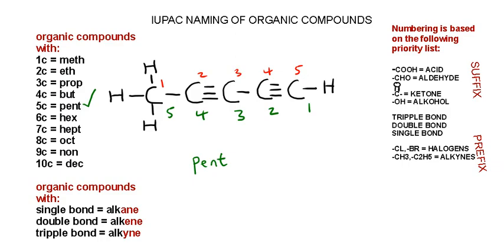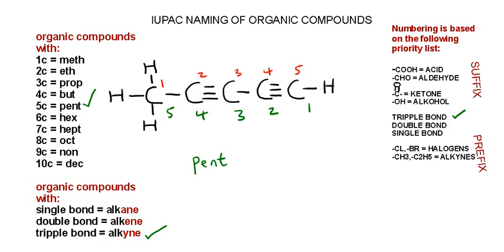The second step is we check for bonding. If you check in this organic compound, we have a single bond and a triple bond. Now here, triple bond supersedes single bond. So we are going to take the triple bond. And triple bond belongs to a group of organic compounds called alkyne.